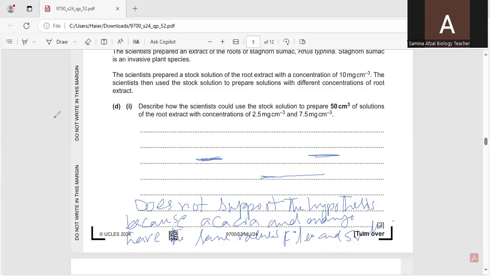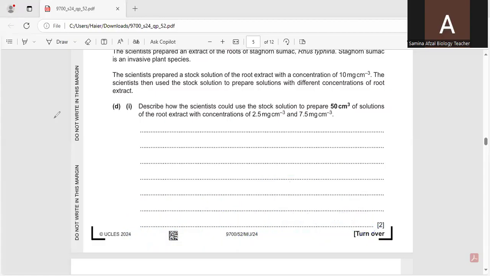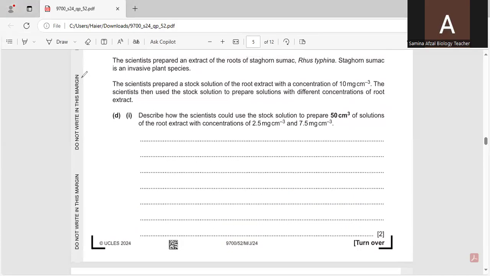The scientists prepared an extract of the roots of staghorn sumac, Rhus typhina. Staghorn sumac is an invasive plant species. The scientists prepared a stock solution of the root extract with a concentration of 10 mg/cm³.